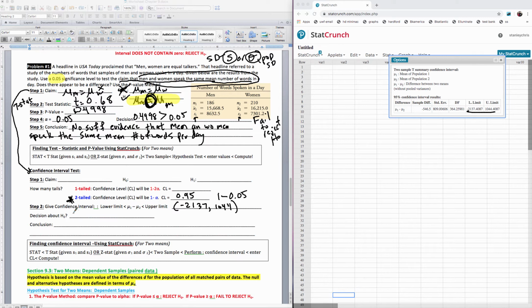Is 0 in there? 0 is in the interval. So that's going to be a fail to reject. So your interval goes from negative 2.1 to 3.7.